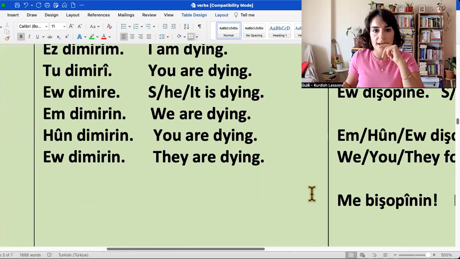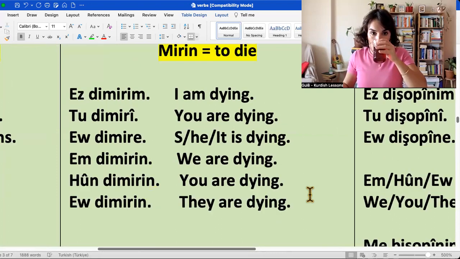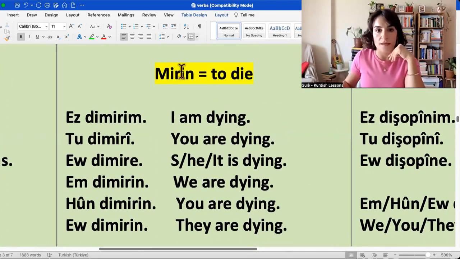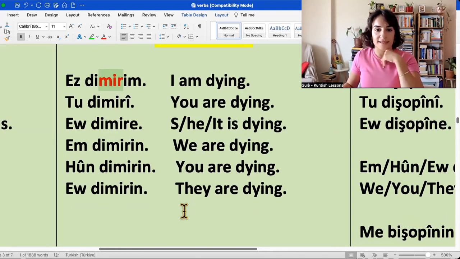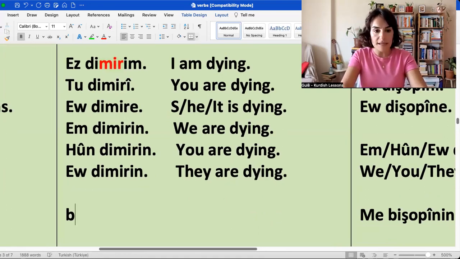And here مرن is to die. This one is as the مرن. So مر is the present stem as you see from here. As the مرن to the مري أو the مري أم أو the مرن. So let's learn imperative form. بمرة, die.